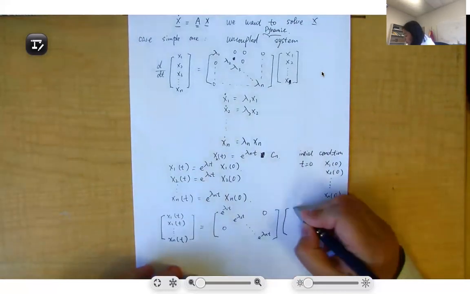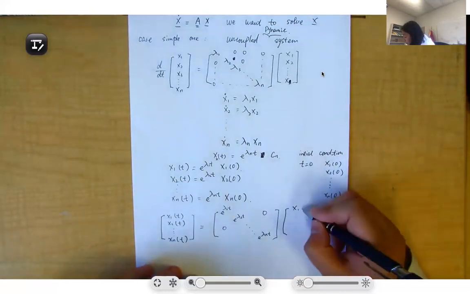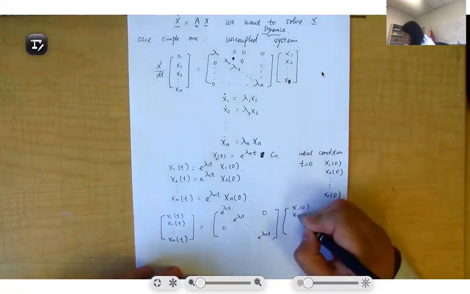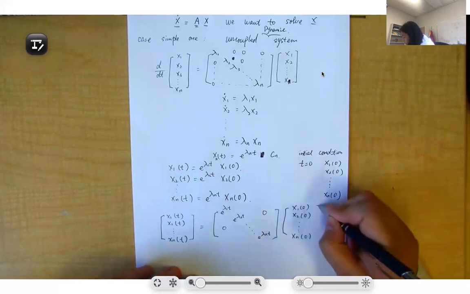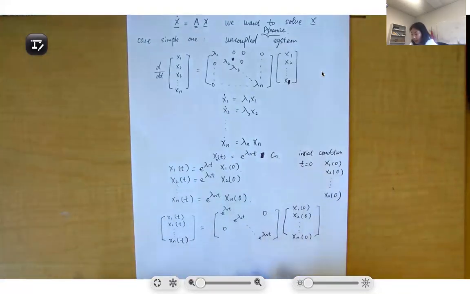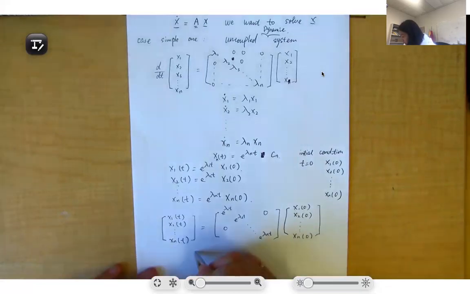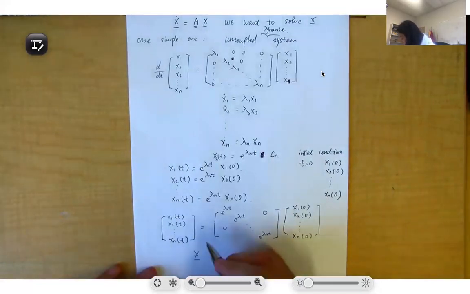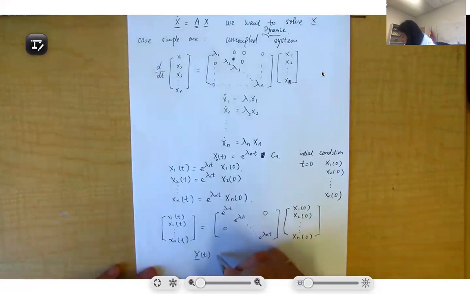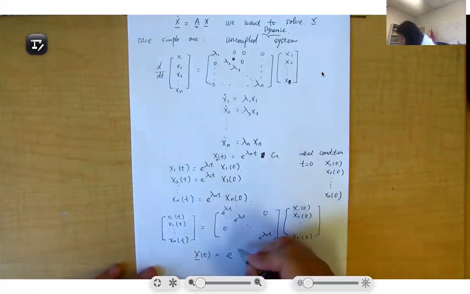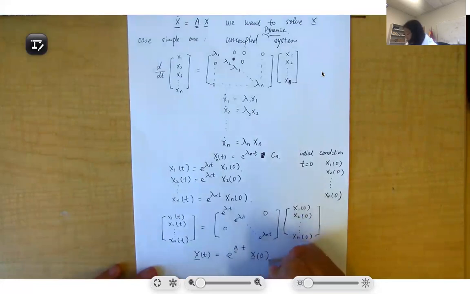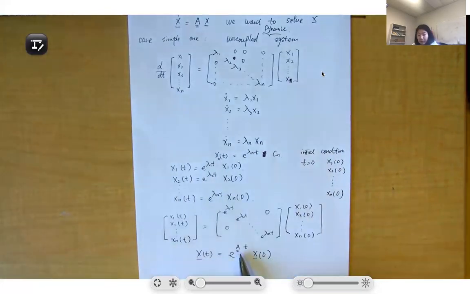This is multiplied by the initial condition x1(0), x2(0), to xn(0). Then the final solution for this uncoupled system is x(t), a vector, equals e to the At times x(0), and you know this A is a diagonal matrix for this system because they are uncoupled.